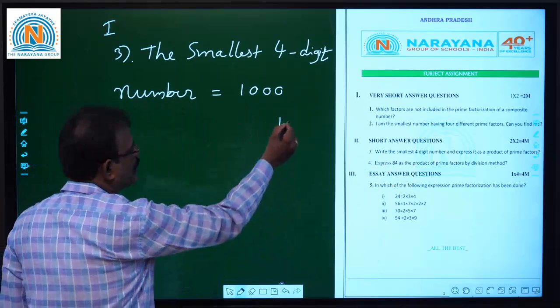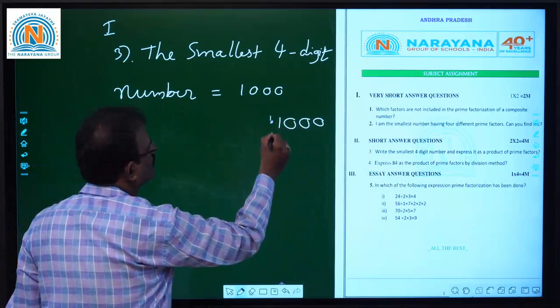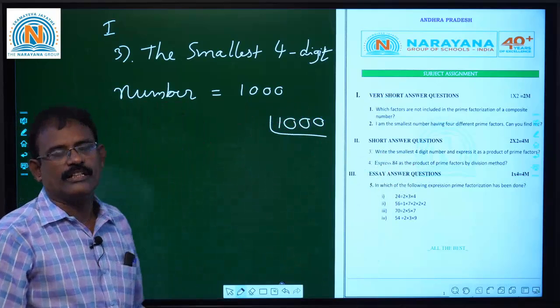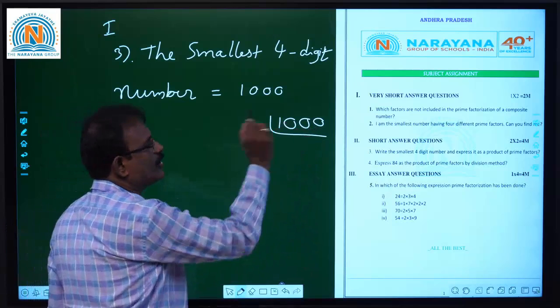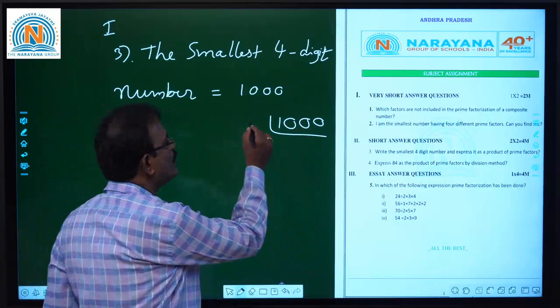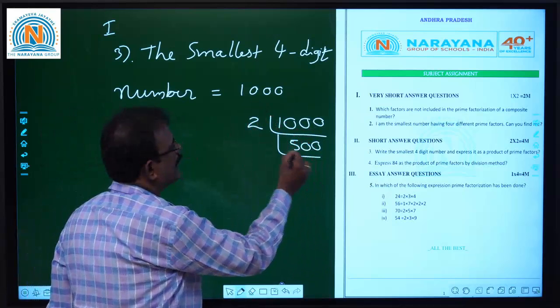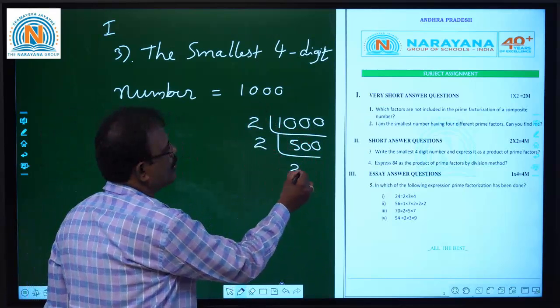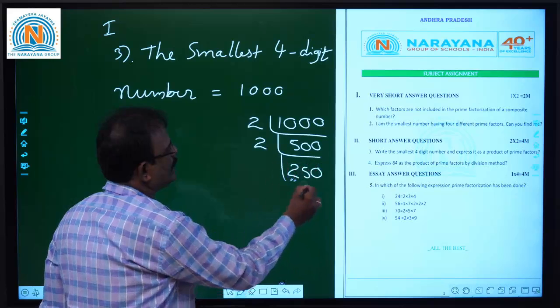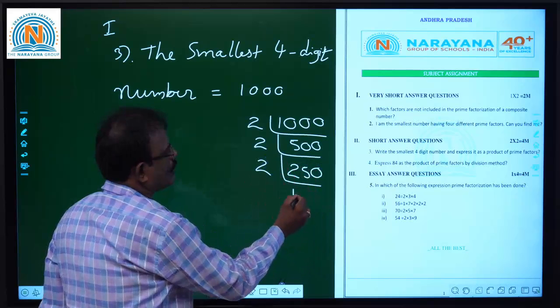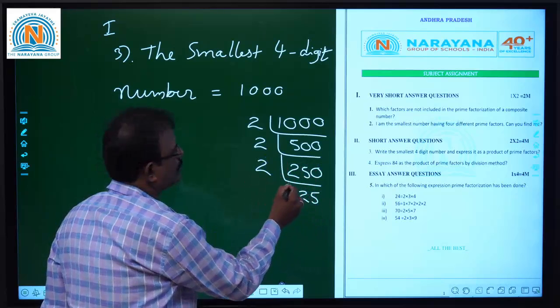So let us follow the division method, children. Let us recall the test of divisibility: 0 in the units place. 1000 is divisible by 2. How many times? 500 times. Again it is 250 times, and again it is 125 times.